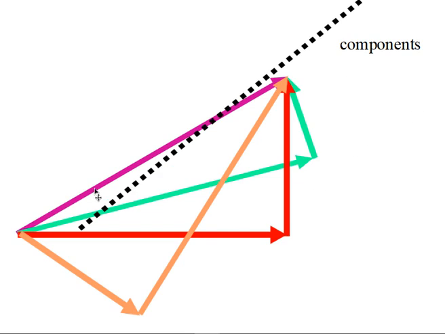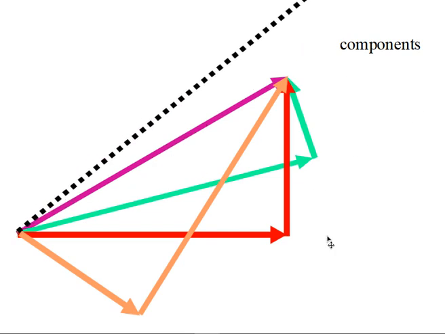Note also that this pair of vectors also add up to the purple vector. And that pair I am not interested in. It turns out when I say the components of a vector, what I really want are the perpendicular components.